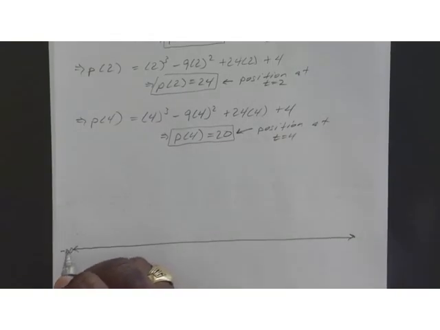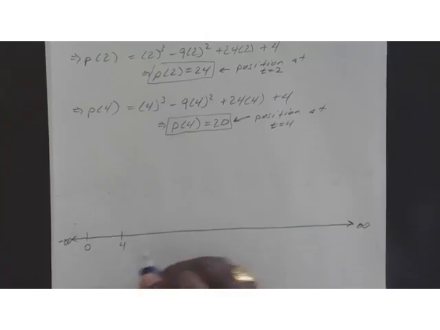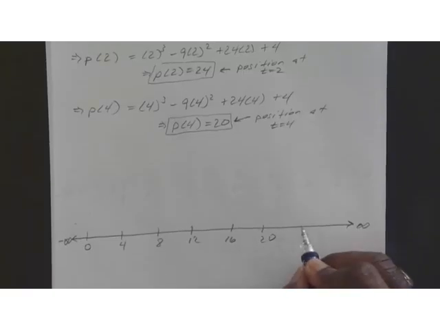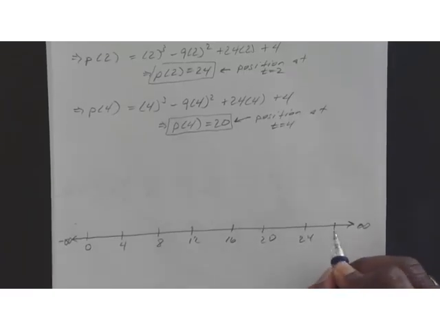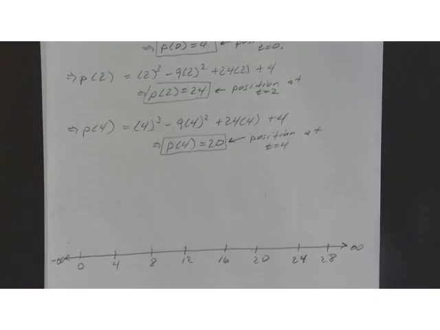So from negative infinity to infinity, 0, 4, 8, 12, 16, 20, 24, 28. Actually, as long as we go up to 24, we're good since that's the highest value.